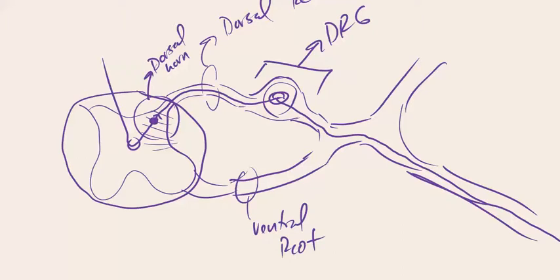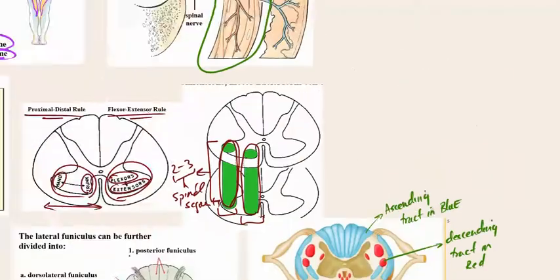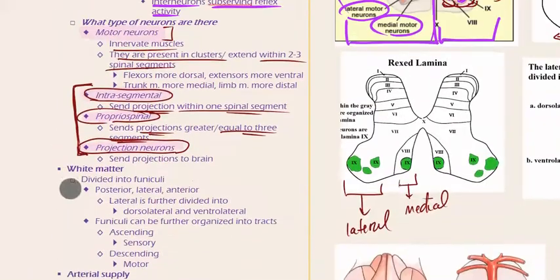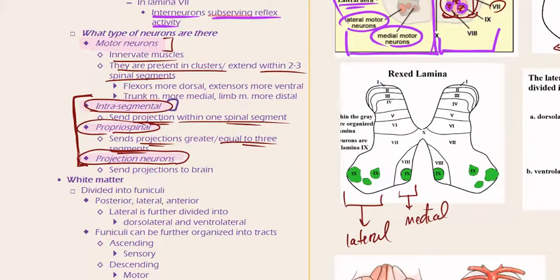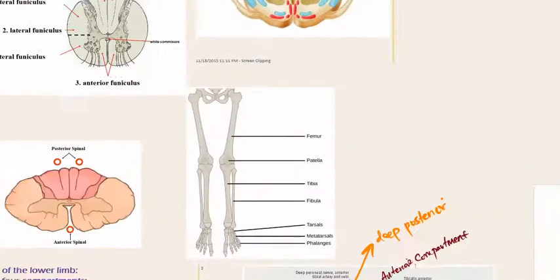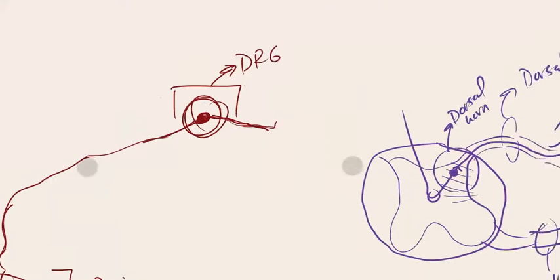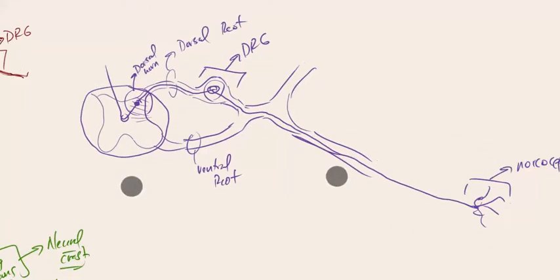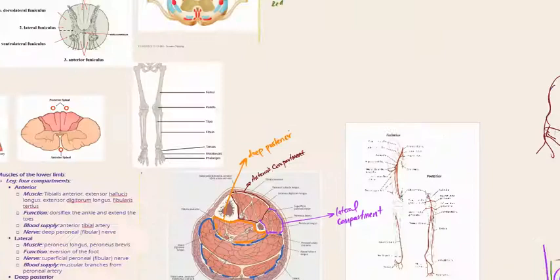That might be an intrasegmental interneuron that connects and then synapses onto a motor neuron, and then that shoots out through the ventral root to a skeletal muscle. You see what I'm saying? Then you get that reflex going on there. Do you guys see that? Yeah? No? Maybe? Okay.